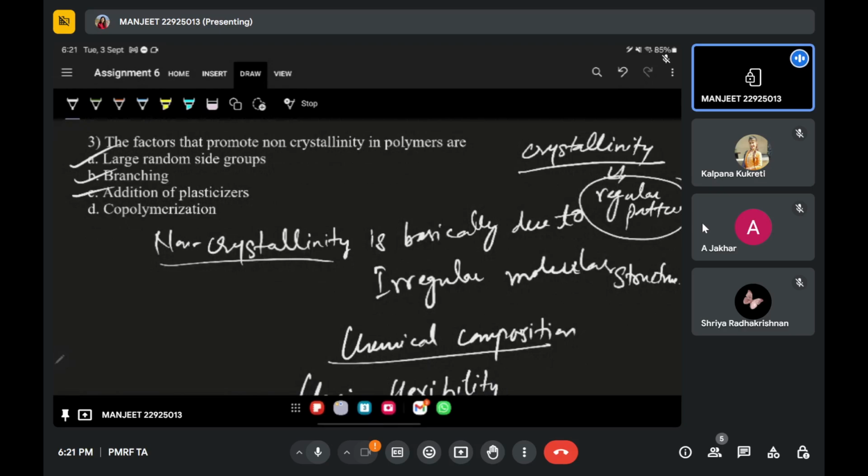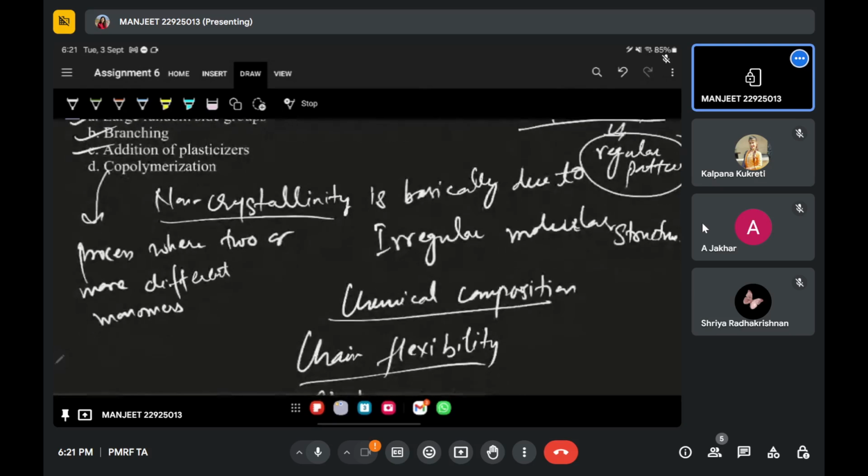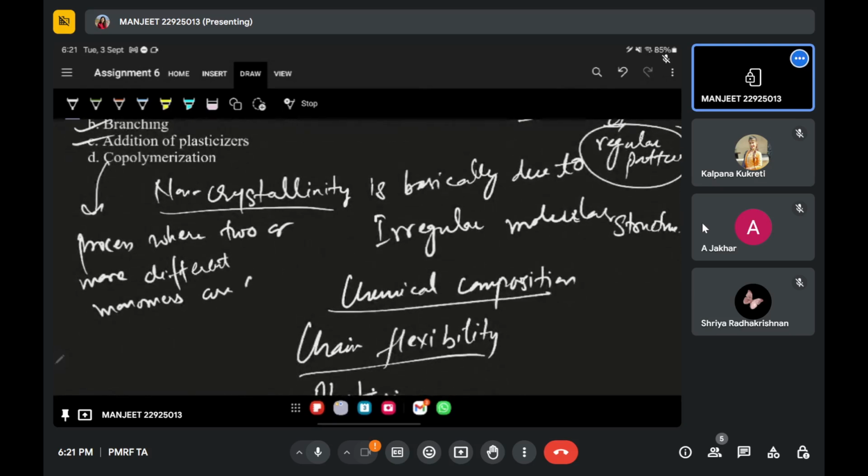Copolymerization is basically the process where two or more different monomers are combined to form a copolymer.